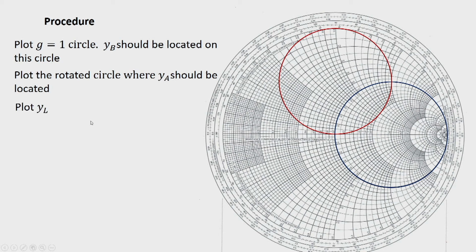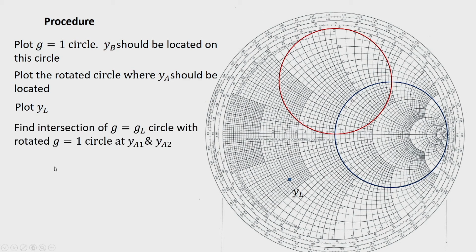Next, what we do? We plot y_L. So, this is the y_L point shown. Now, as we have said, the g is the same as g_L on this particular circle, when we find y_A, the real part of y_A should be equal to g_L.